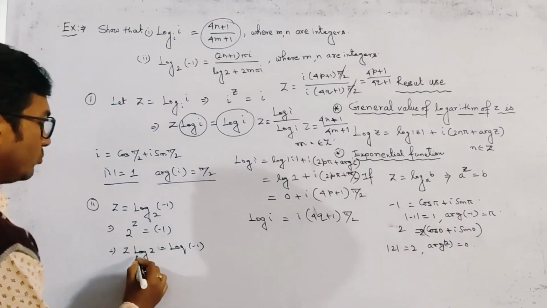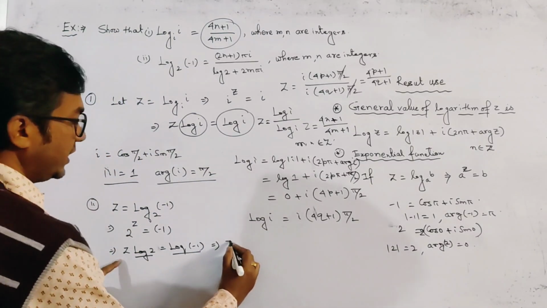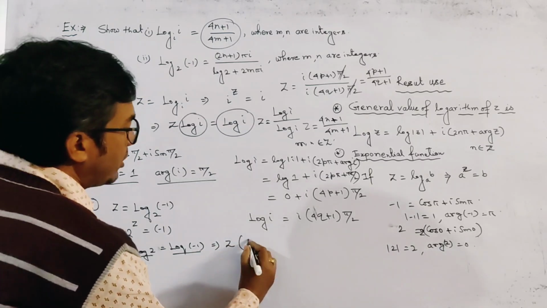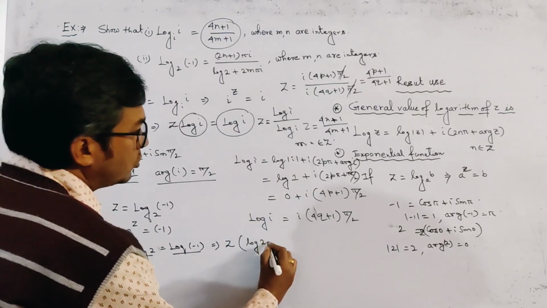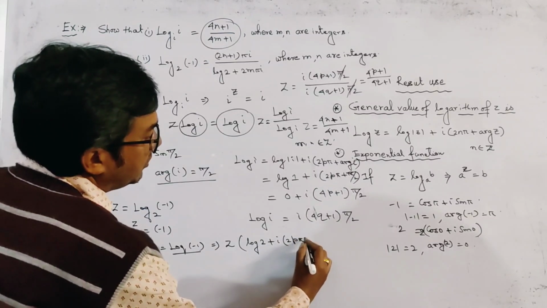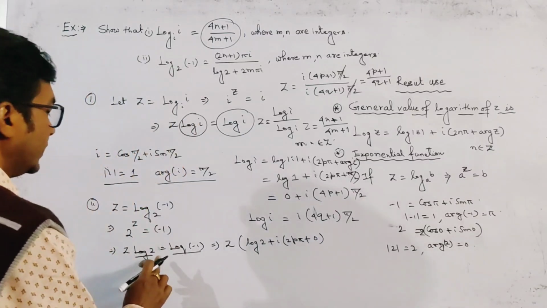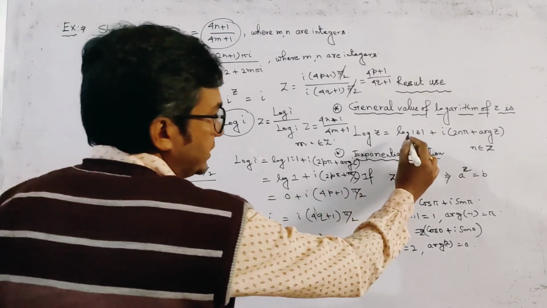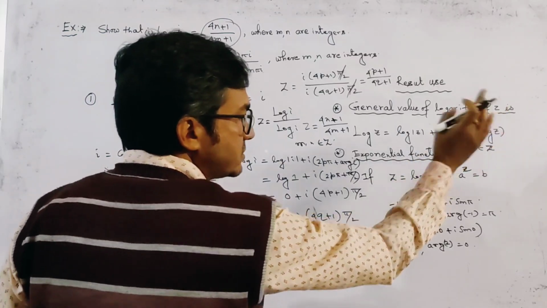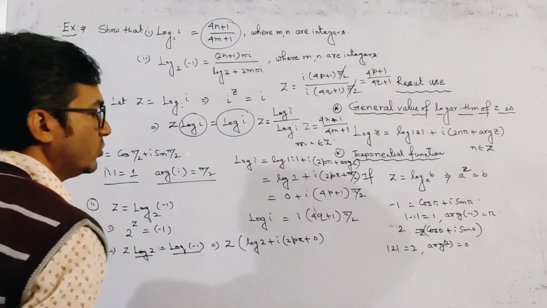Now putting both values of Log 2 and Log of -1, we get z into the value of Log 2, which is log of 2 plus i into 2pπ plus 0, because the value of Log z is log of mod z plus i into 2nπ plus argument of z, and argument of 2 is 0.